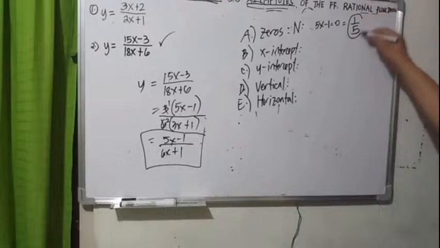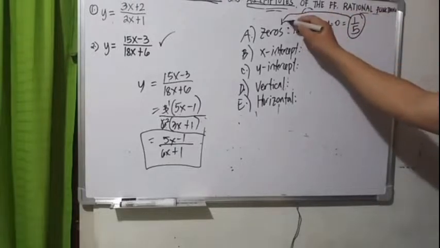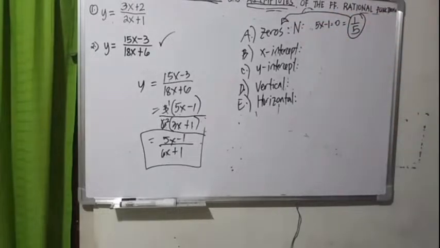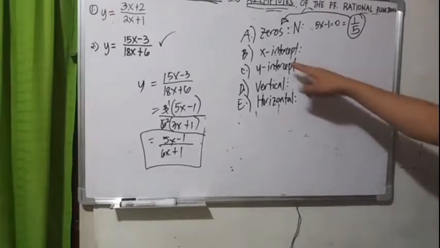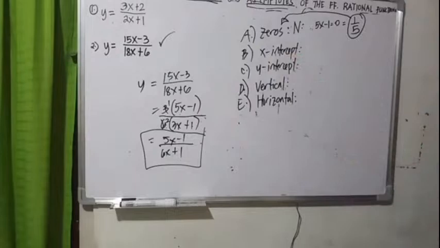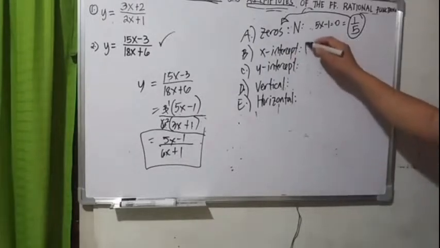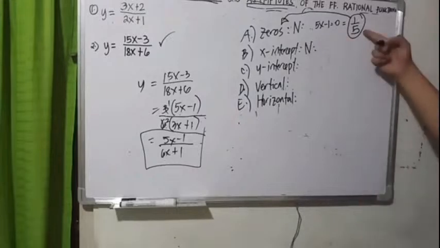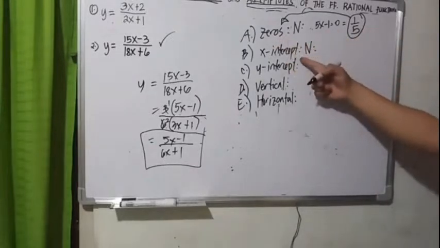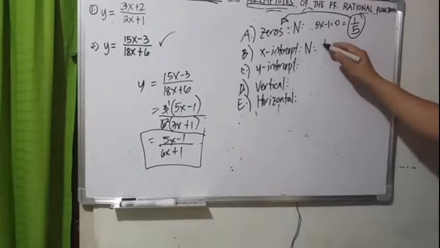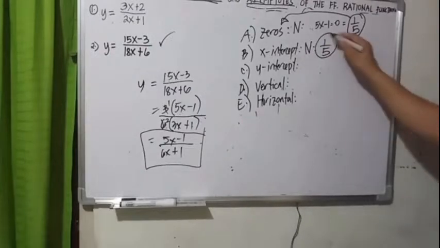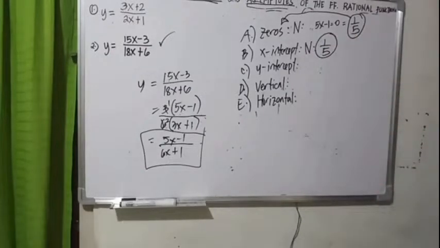That is the zero of the given function. How about the x-intercept? We are still based on the numerator. Whatever the value of the zeros is, that is also the value of the x-intercept, so that is 1 over 5.